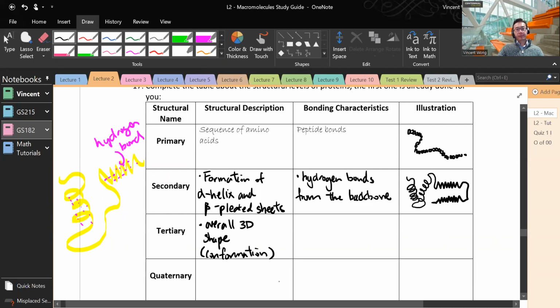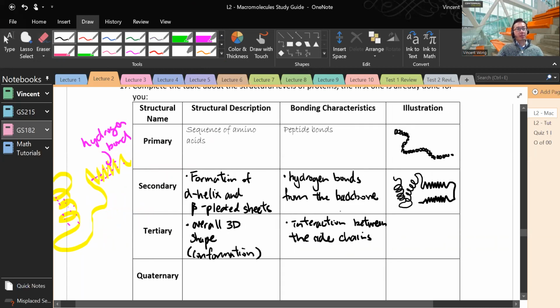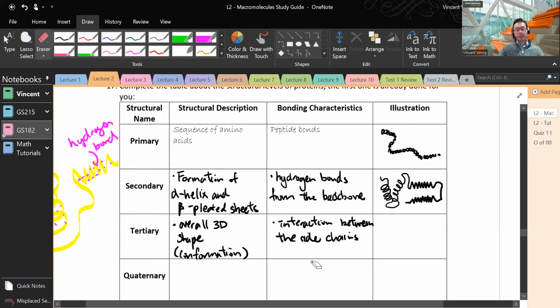And what holds them together would be the interaction between the side chains. In the PowerPoint slides, there is one slide that shows you all the different types of interactions. Some are ionic, some are covalent, some are hydrophobic. You can refer to that slide and see for yourself.